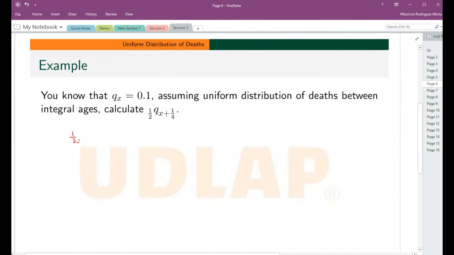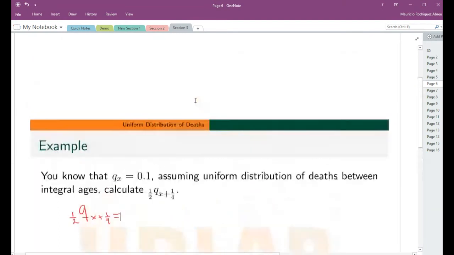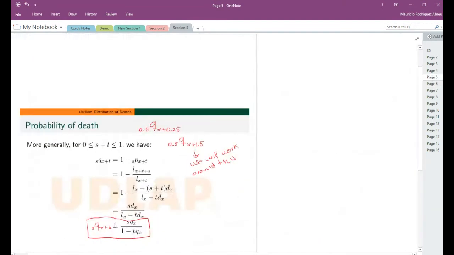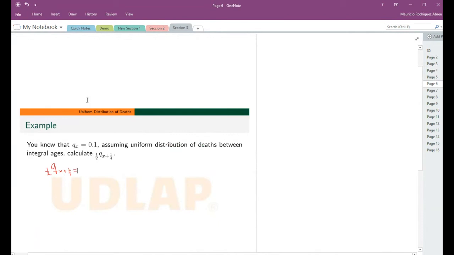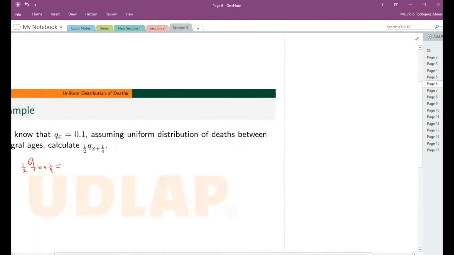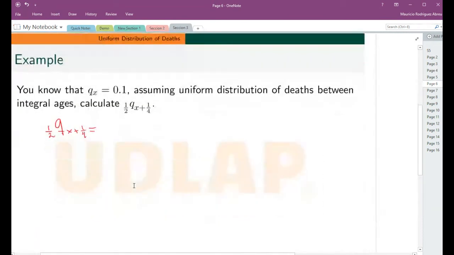So we have 1/2 of QX plus 1/4. We can use the general expression that we had before, or let me show you one way to make this even simpler, just if you don't remember that this is something that we can do.